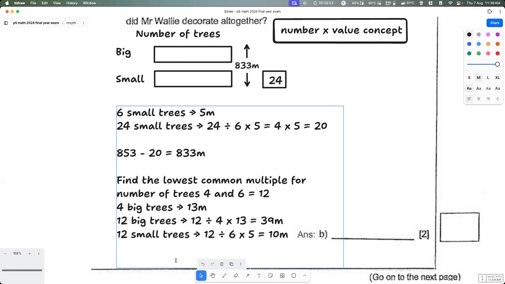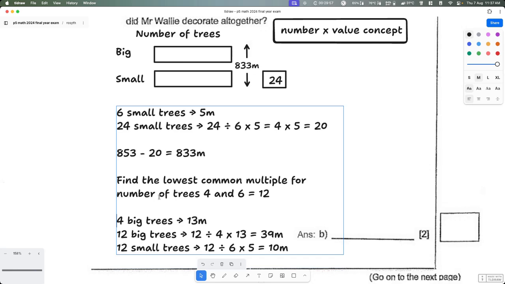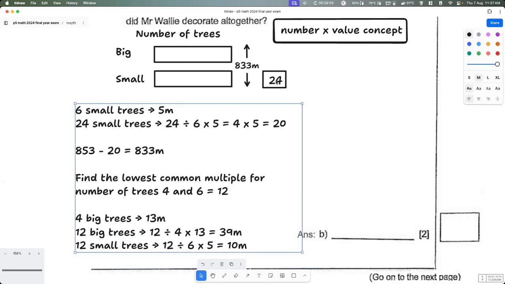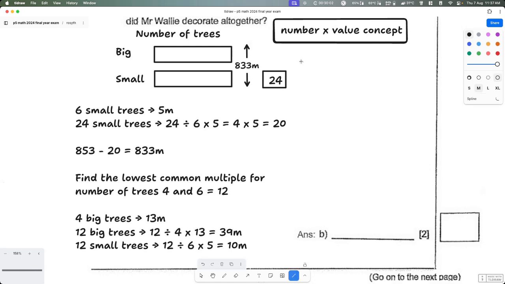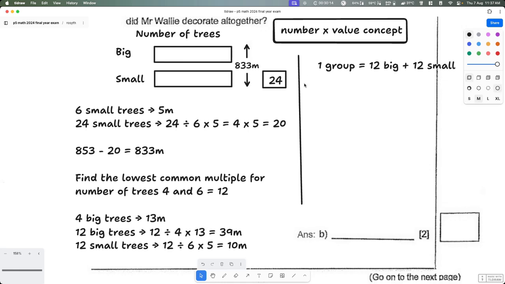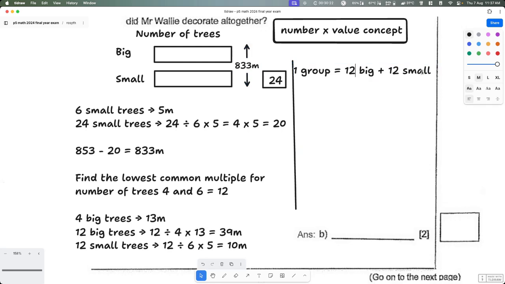Let's put another line like this so I can add here. One group is equal to 12 big plus 12 small, so these are equal amounts. Then one group value is equal to 39 plus 10, which is 49 meters.